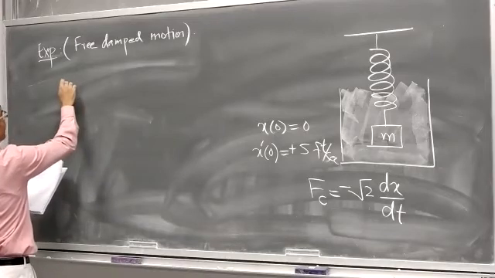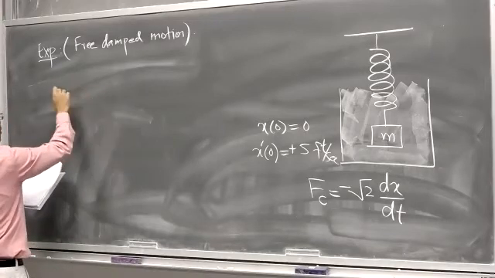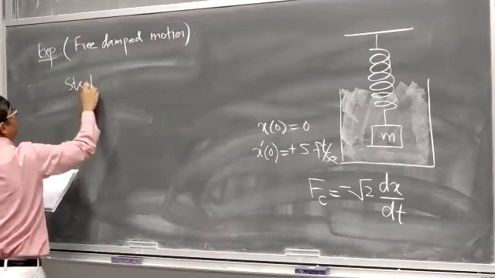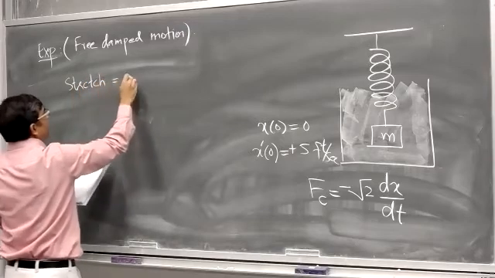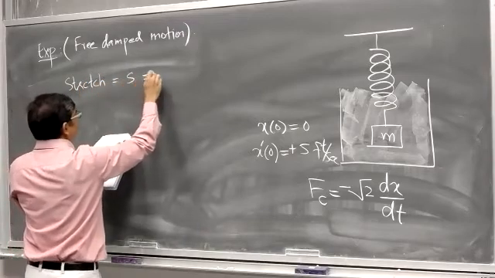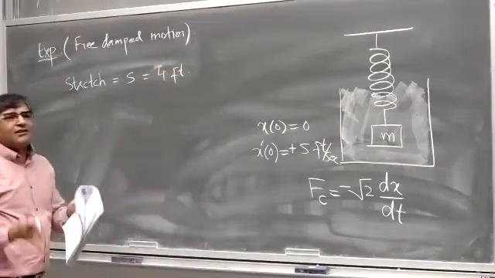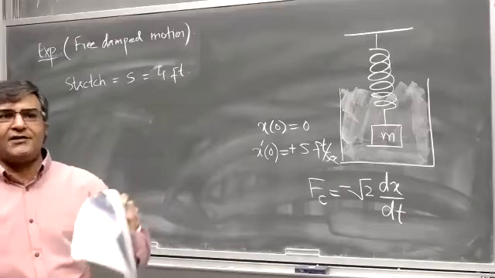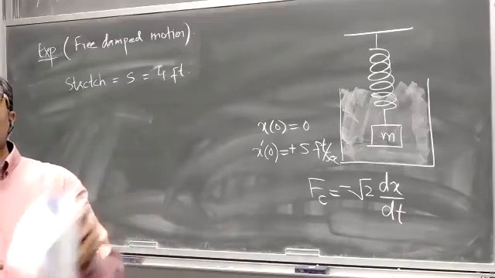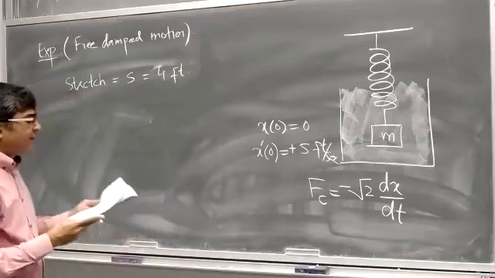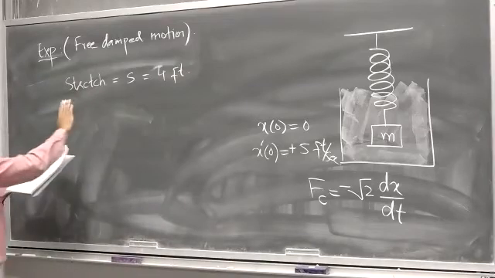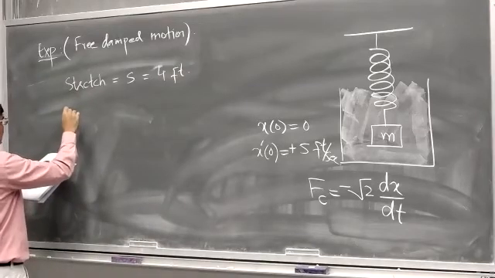So the extension or stretch in the spring, S, is 4 feet, because the original length is 4 feet and after attaching the mass it becomes 8 feet.